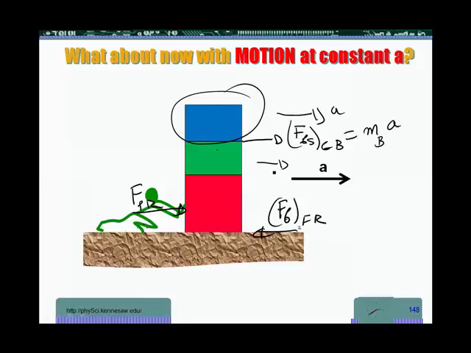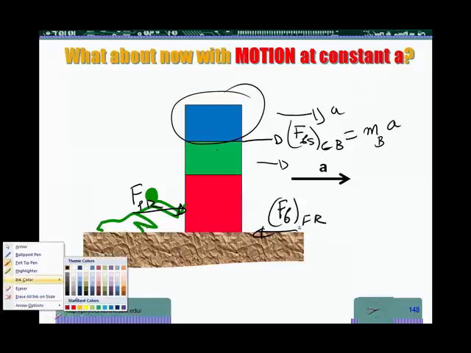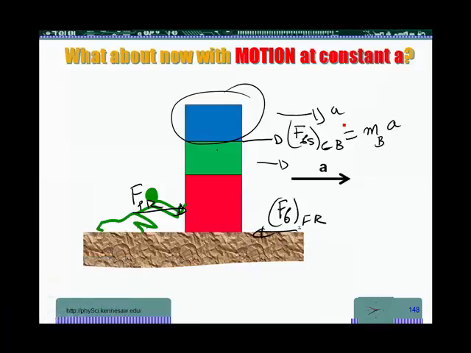Let's not worry about them. Along the horizontal, there must be a reaction to this force here. Let me change the color of my pen. There must be a reaction to this force. So there is going to be a friction force opposite to this one. It is again a static friction force that the blue one exerts on the green one.